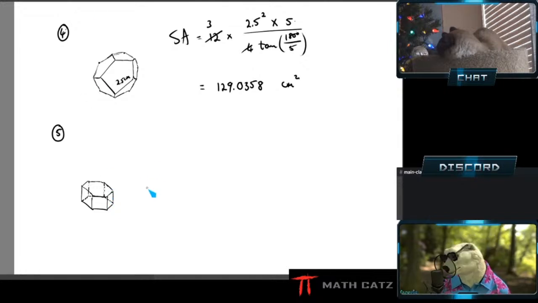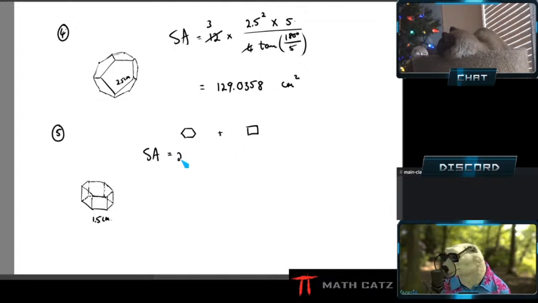Hexagonal prism. Why is it so low? I don't know. Side length is 1.5 centimeters. All the side lengths are the same. Semi-regular polyhedron. So surface area is the surface area of my hexagons and then of the squares.